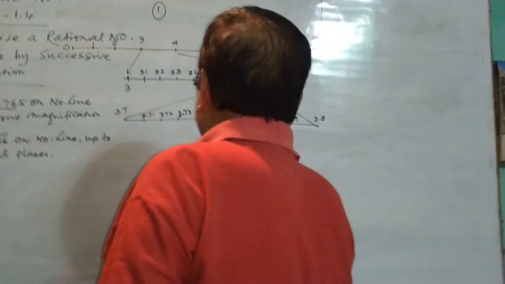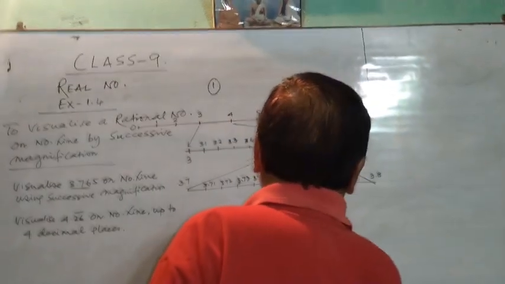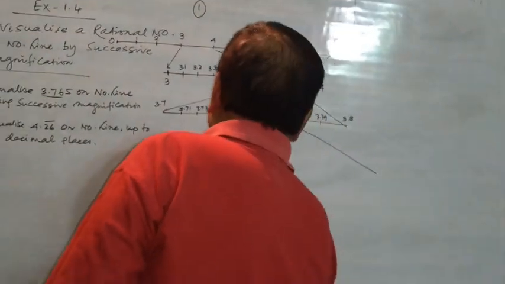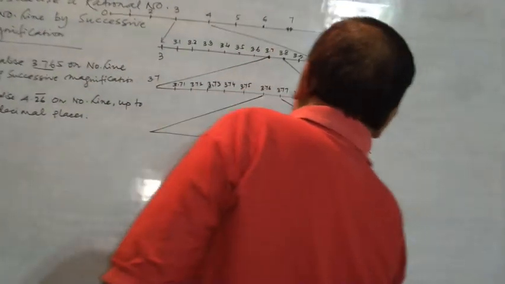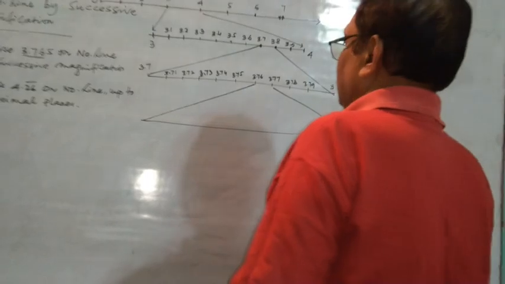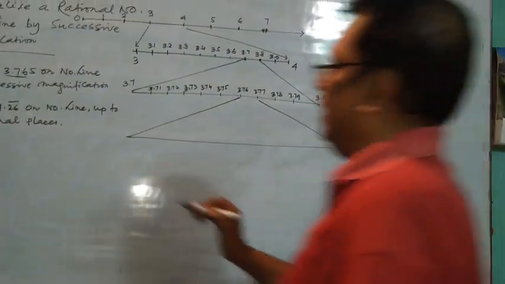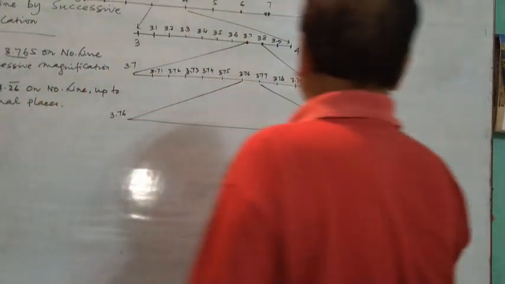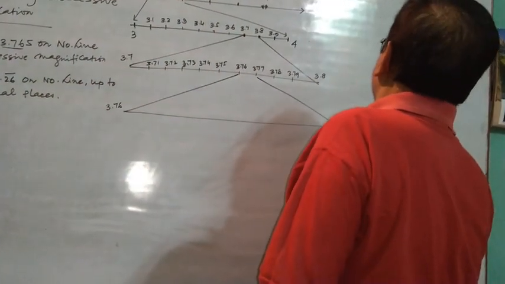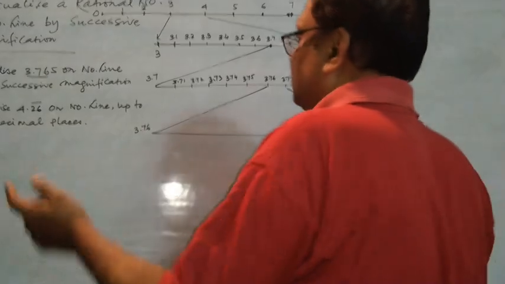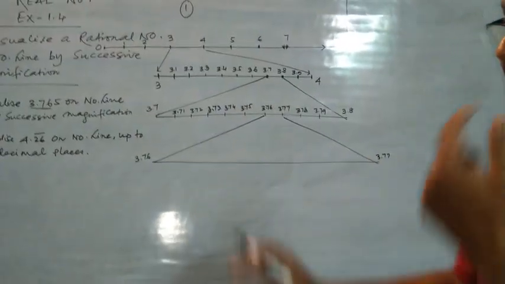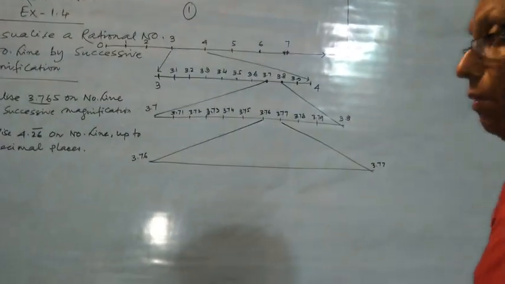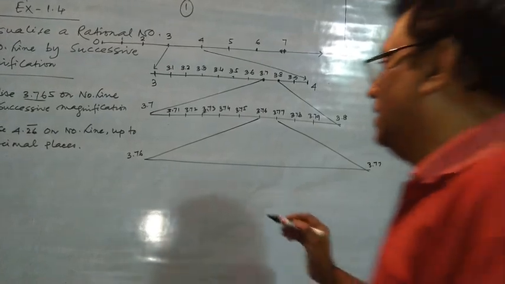How are we magnifying? We are separating the gap between 3.76 and 3.77 and magnifying it in this way. This is your 3.76 and this one is your 3.77. Again, similarly, we will divide this interval into 10 equal parts by making 9 cuts.